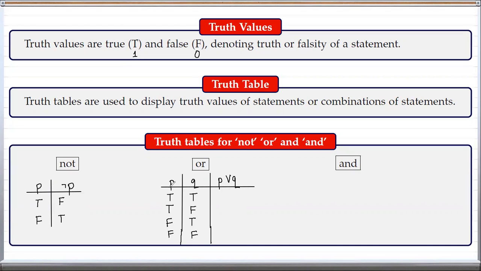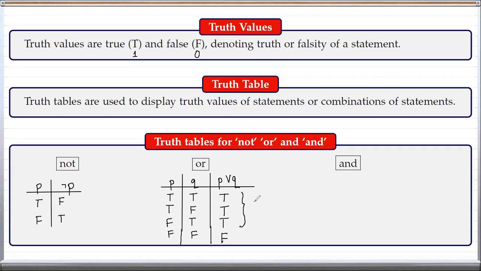Now, when P is true, Q is true, then P or Q is true. When P is true, Q is false, P or Q would still be true. When P is false, Q is true, P or Q is still true. And when both are false, P or Q is false. So basically P or Q is true as long as at least one of P or Q is true.